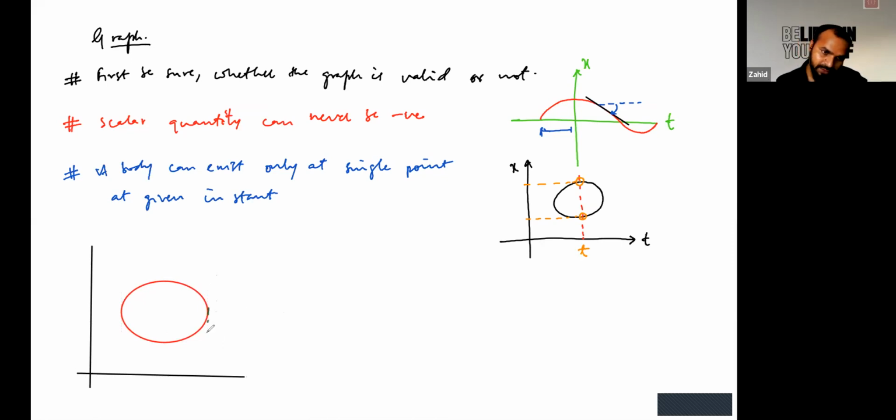Just draw a vertical line from this point. This will tell you some x1 point. This will tell you some x2 point. Similarly, draw a horizontal line from here. This will be your y1, and a horizontal line from here. This will be your y2.